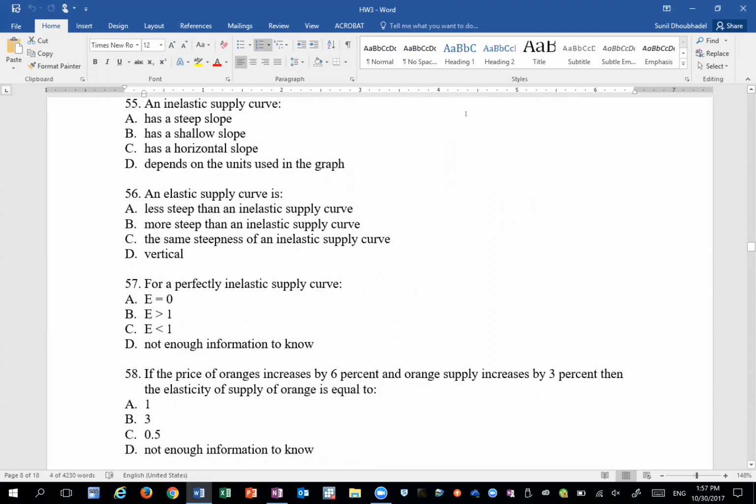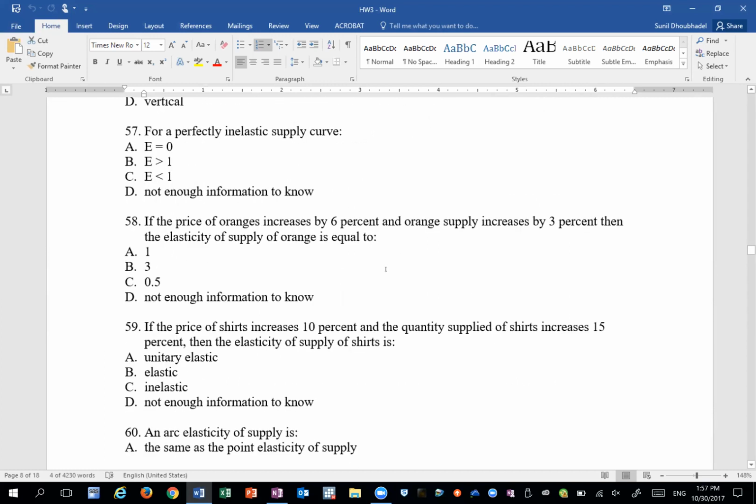An elastic supply curve is less steep than an inelastic supply curve, more steep than an inelastic supply curve, the same steepness as an inelastic supply curve, vertical. Less steep, right? The more elastic the supply curve, the flatter the curve would be. For a perfectly inelastic supply curve, the elasticity value is equal to 0, greater than 1, less than 1, not enough information to know. 0, meaning that it will be vertical, so it doesn't respond to price changes.